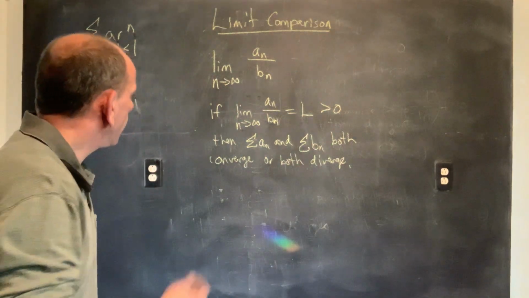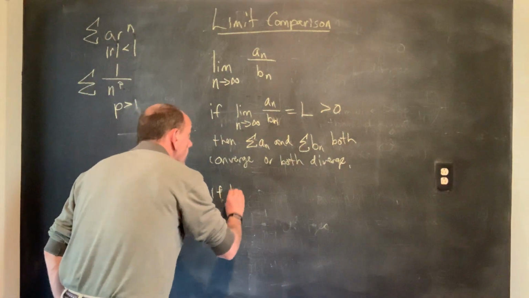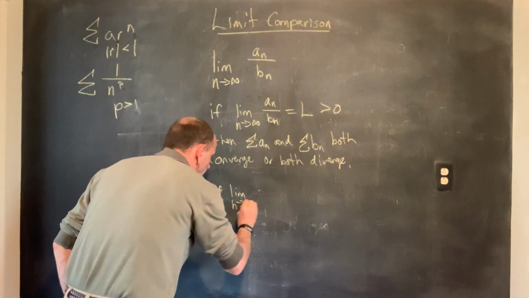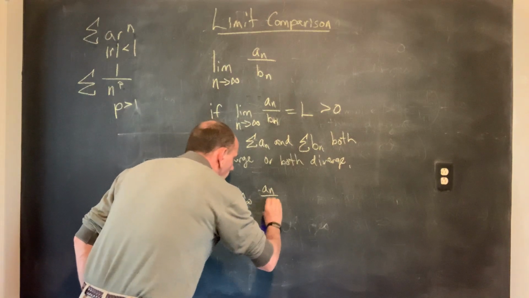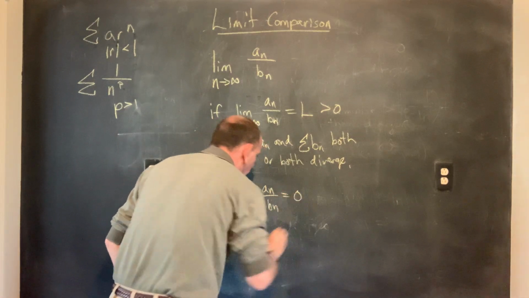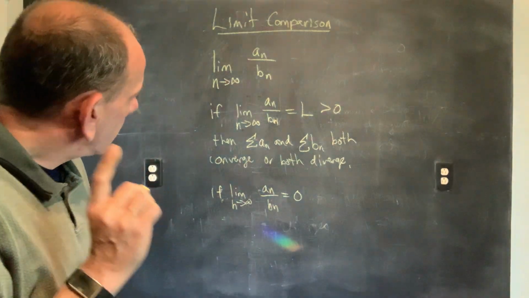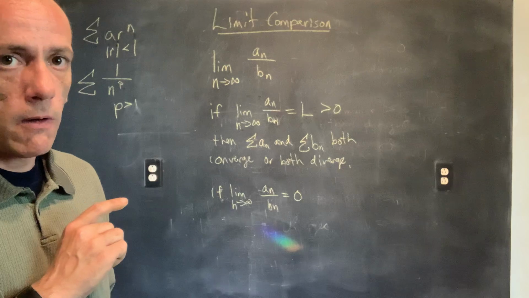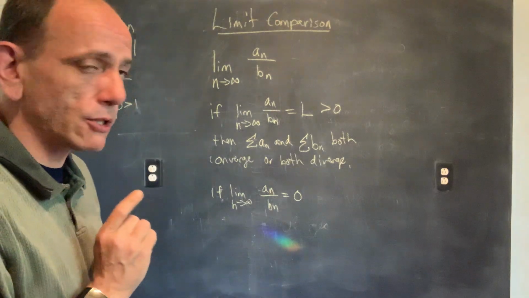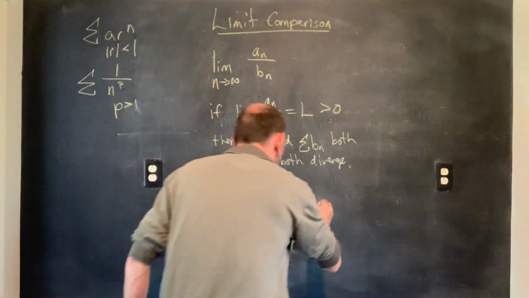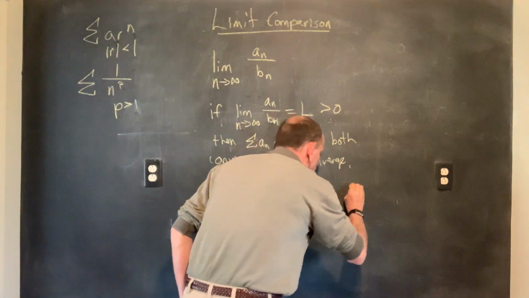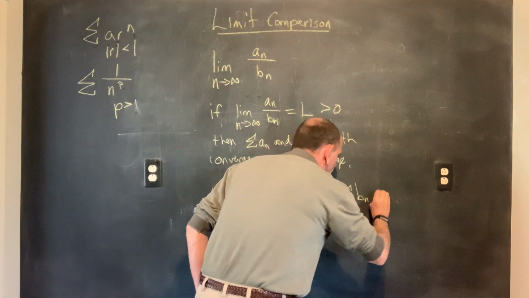All right, if the limit as n goes to infinity of A sub n over B sub n is 0, now we got to watch this. It is 0 and the series B sub n converges.